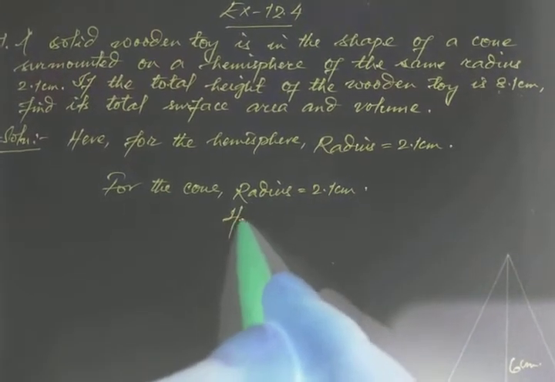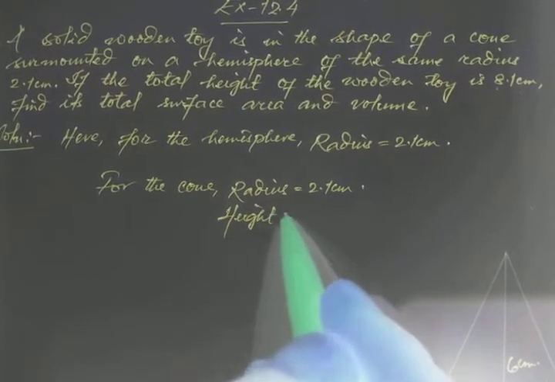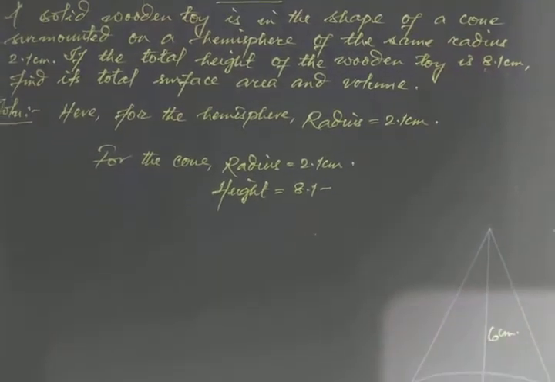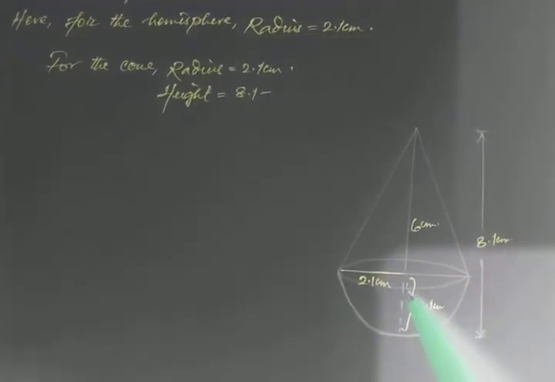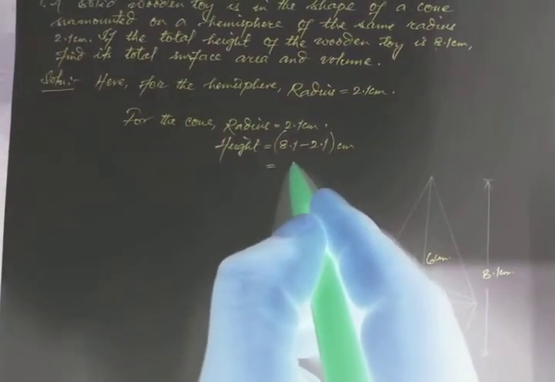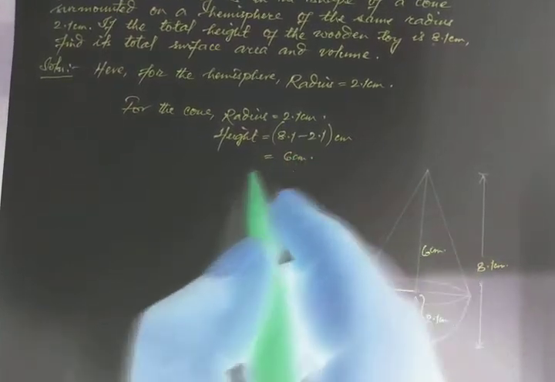The height, as we said, is the whole length 8.1 minus 2.1 centimeter, that gives 6 centimeter.